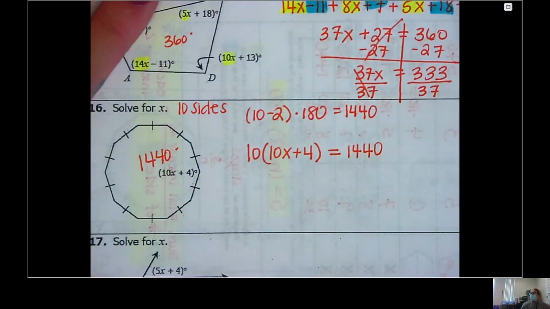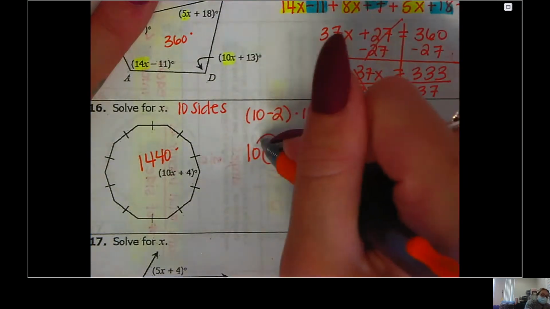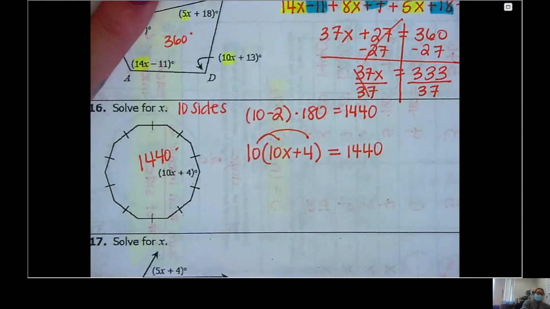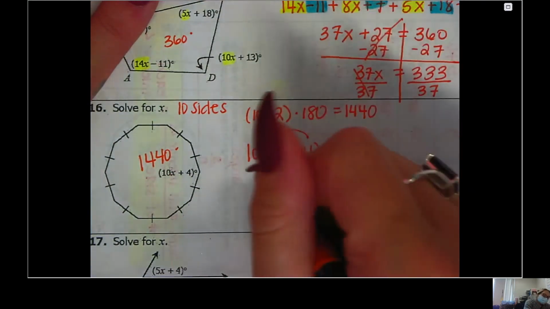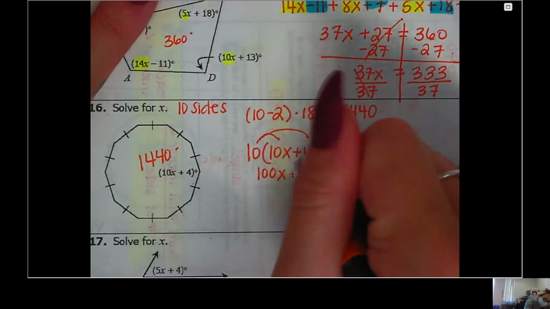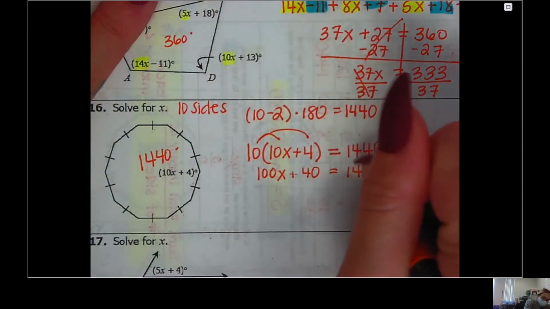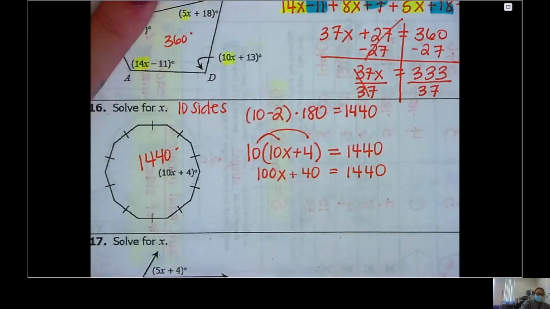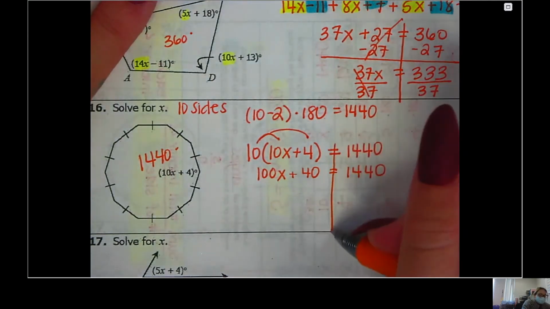Now it's just some quick algebra. What should I do first? Good. Multiply, distribute that 10. So 10 times 10x is 100x. 10 times 4 is 40. All right. What's my next step to get the x by itself?